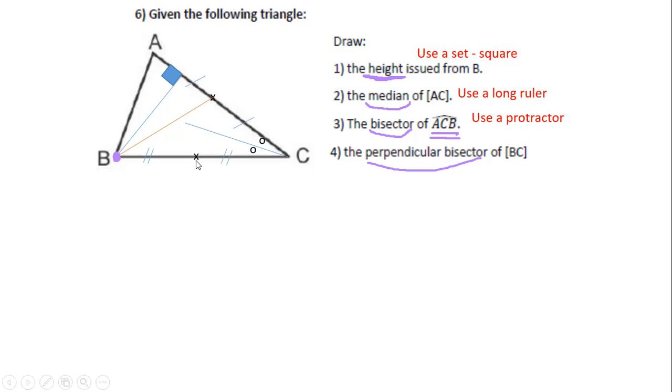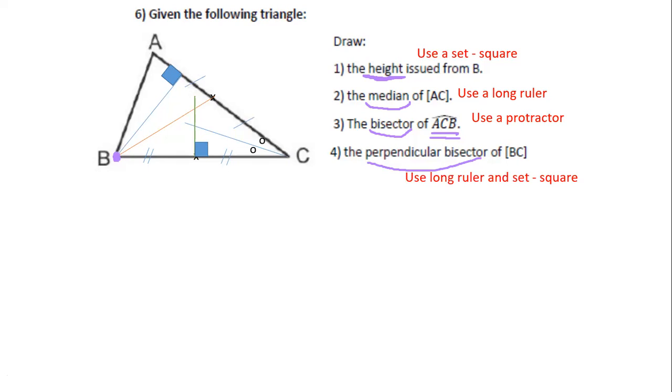Now, after marking the midpoint, we should draw a perpendicular at the midpoint. To draw a perpendicular, we need a set square. So we put our set square on BC, passing through the midpoint, and we draw a perpendicular, and we do the perpendicular sign. So in this way, we have drawn all the special lines in one triangle.